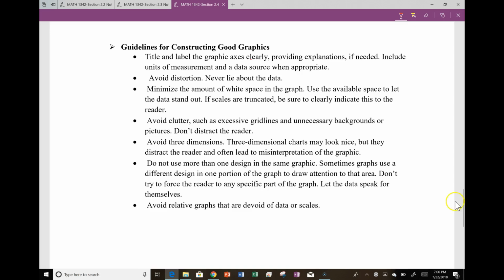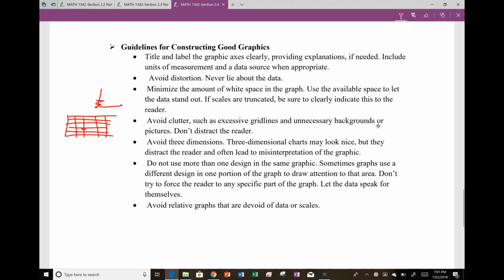Okay? We want to minimize the amount of white space in a graph. Use the available space to let the data stand out. If scales are truncated, be sure to clearly indicate this to the reader. That means do that little break. You've truncated it. Okay? Avoid clutter, such as excessive grid lines, unnecessary background, or pictures. For example, you've seen many graphs, especially on our XY axes, that had more of a grid, so that you can place a dot.